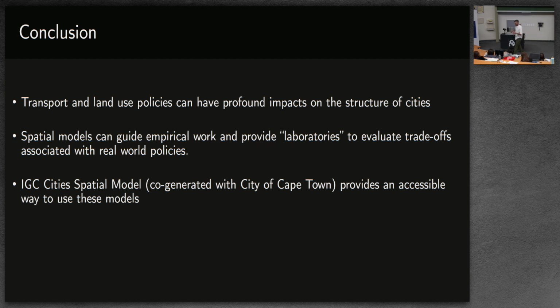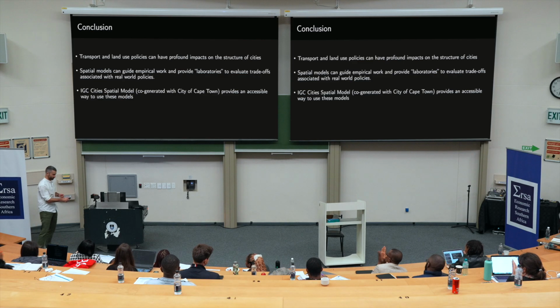And then hopefully that last case study gave you a little sample for how we as researchers can design approaches that allow us to answer some of these questions in lower income settings. So I'll end there, but with a little plug for the city spatial model, which was co-generated with the city of Cape Town, which I'm going to talk more about tomorrow, but this provides an accessible way for both researchers and practitioners to access and use these models. Thanks very much.